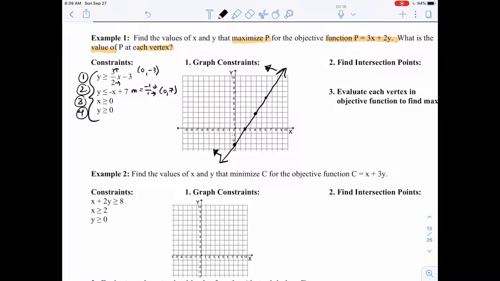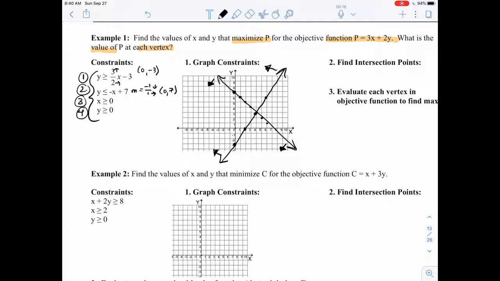Plotting 0, 7, down 1 over 1, down 1 over 1, down 1 over 1. We notice that intersection point. Again, we have a solid boundary. And in this case, it wants all y coordinates less than the boundary. We will indicate that by arrows at the end going down.